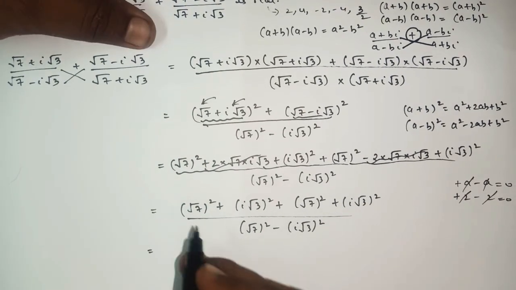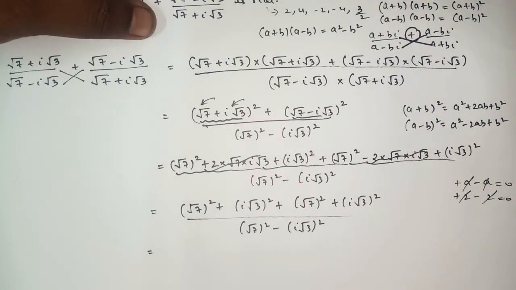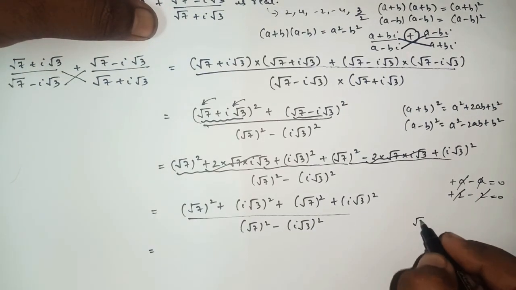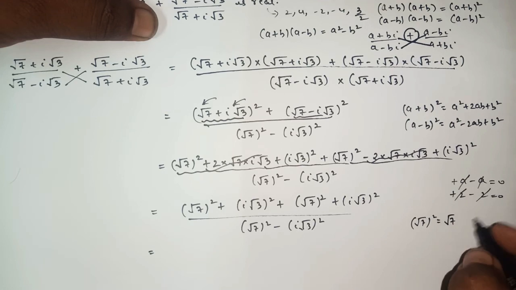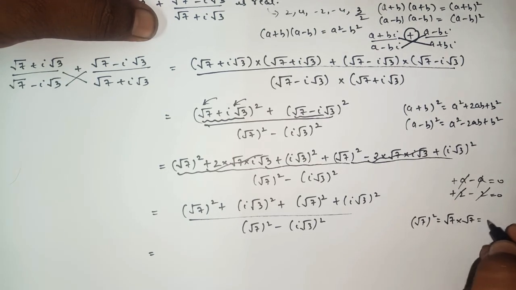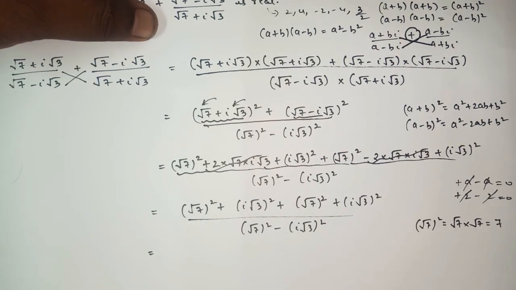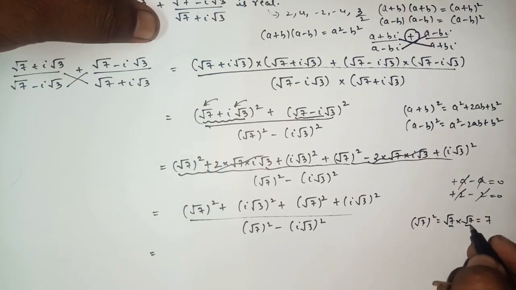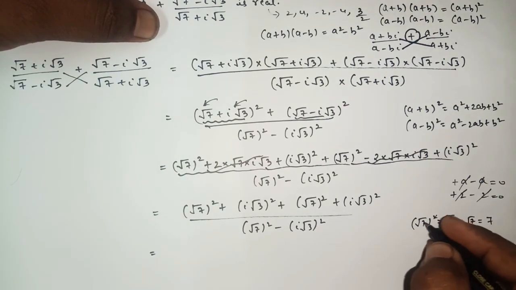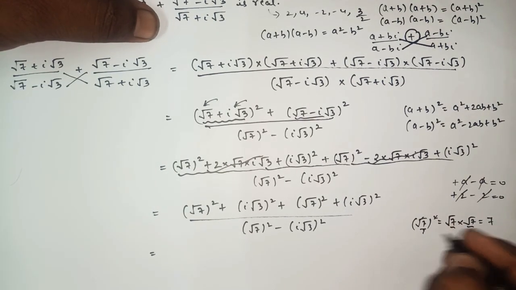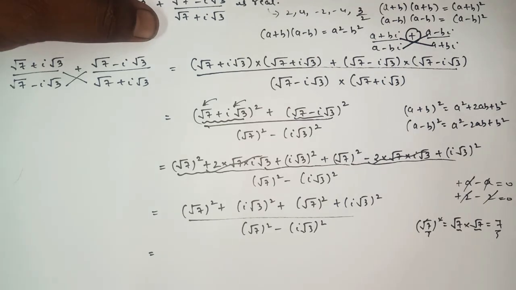After this, root 7 the whole square we can write as root 7 into root 7, and we know that it is 7. Yes or no? Because 7 times 7 is 49, and the square root of 49 is 7. Or else we know that the square root will cancel with the square, and you will get 7 only.